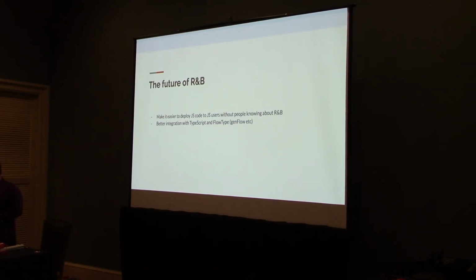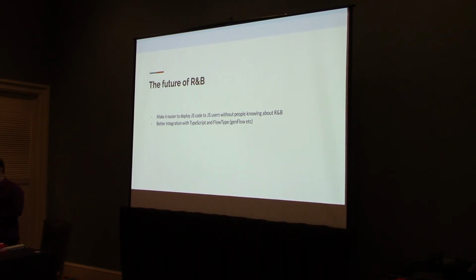In the future, we are going to make it easy to deploy JavaScript code. It's designed this way. You can still generate JavaScript code which can be used by JavaScript developers without knowing the OCaml language. So you can still use the library without knowing anything about OCaml, because there are still plenty of developers who don't know the OCaml language.